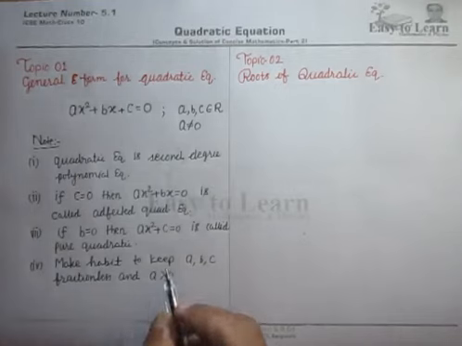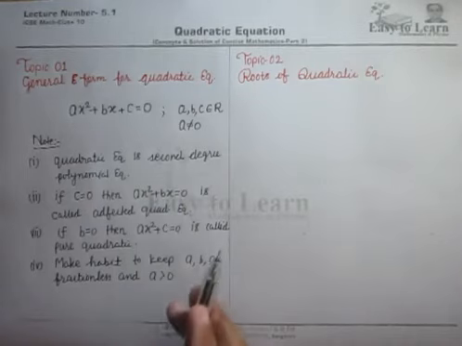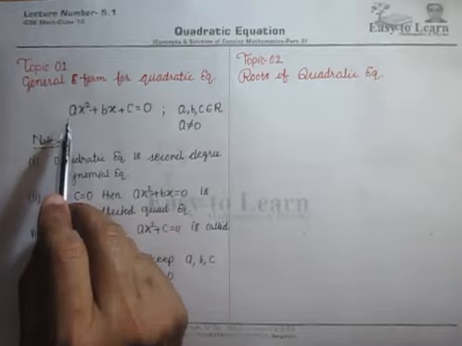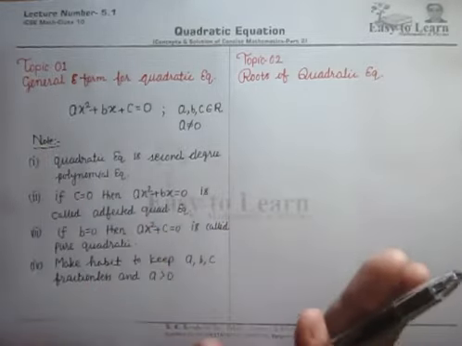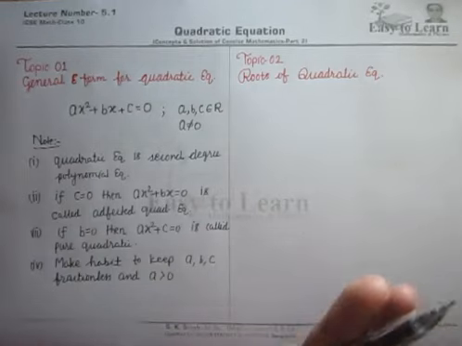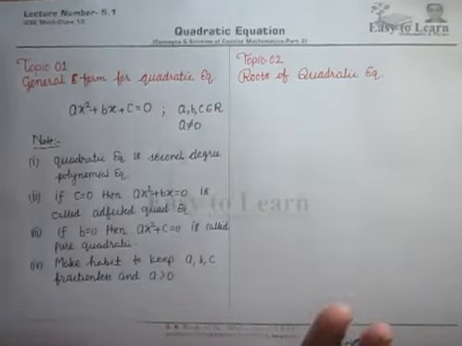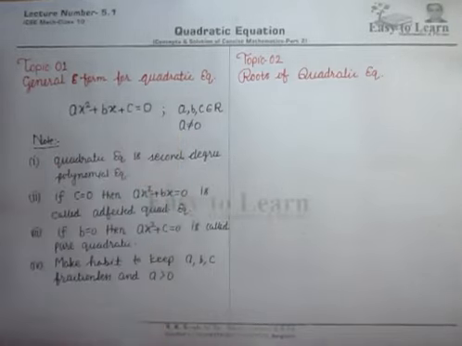This is not a compulsion. The fourth point is not a compulsion for you, it is for convenience. Always try to keep the coefficients of x square, x and the constant term fractionless, so it will be convenient for you to calculate, and a positive. So the fourth point is not a compulsion, it is just a suggestion. Now this is all about the quadratic equation.